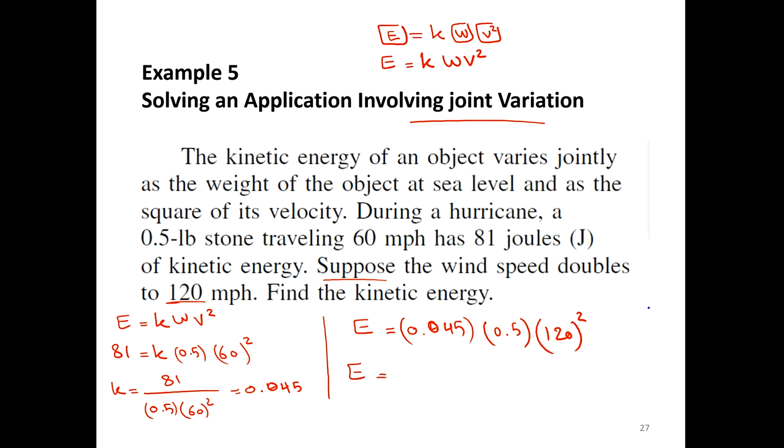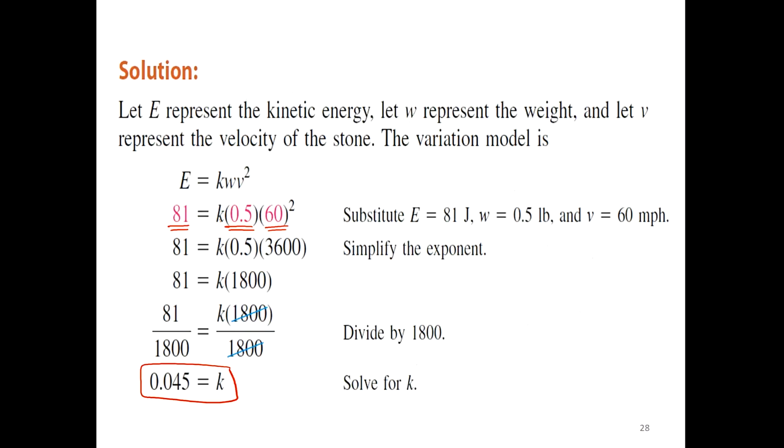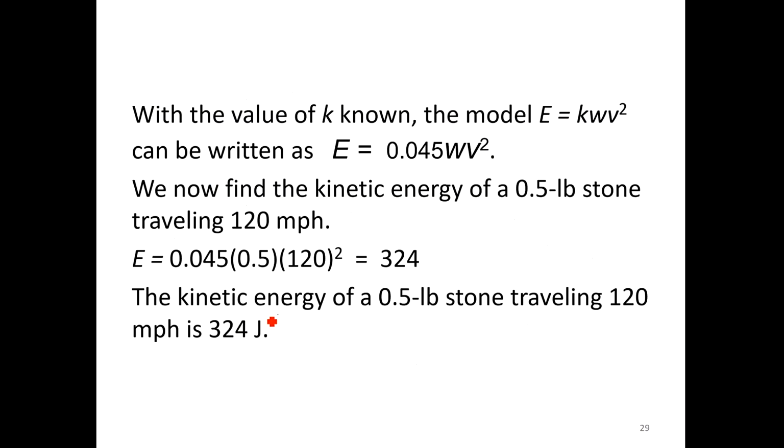So the energy equals the constant of variation 0.045 multiplied by 0.5 multiplied by 120 squared. So we have 324. This is the energy, 324 joules. Any question? Any question?